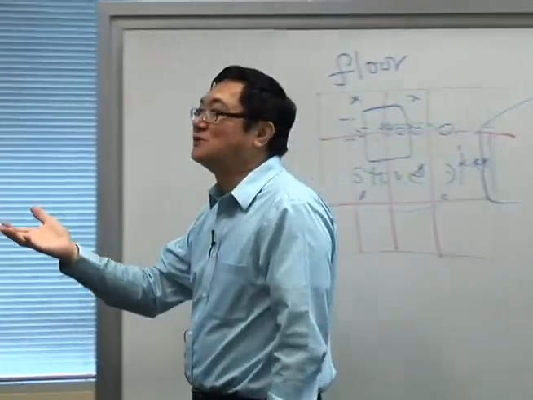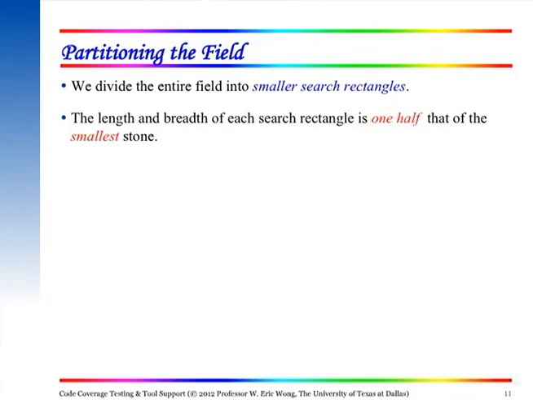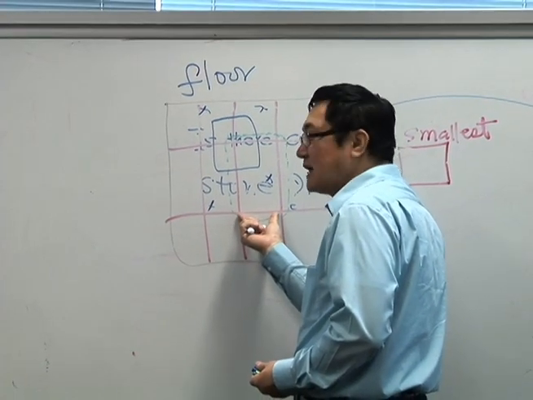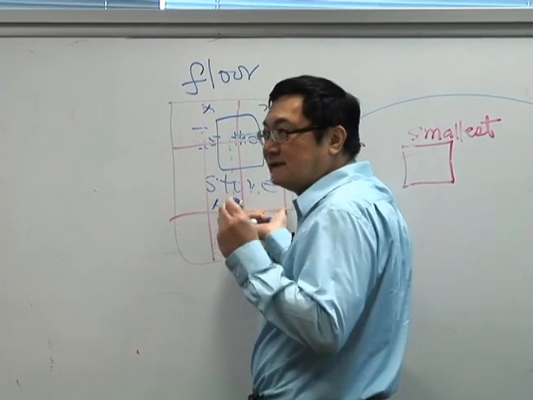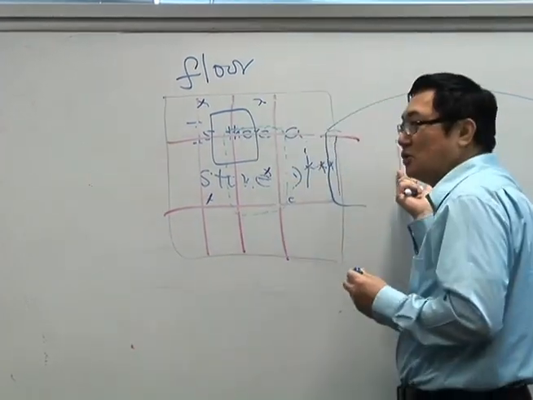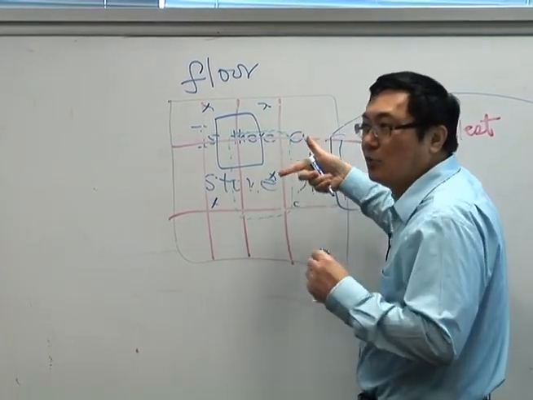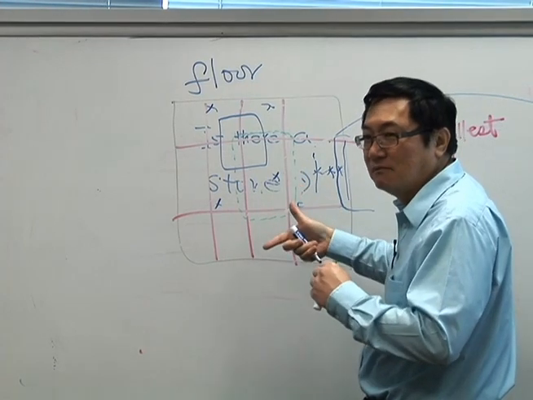So what is the right relation, so that it's always going to cover it? It will be one half of the smallest stone. So the length of each cell will be half of the length of the smallest stone, and the width of the cell will be half of the width of the smallest stone.